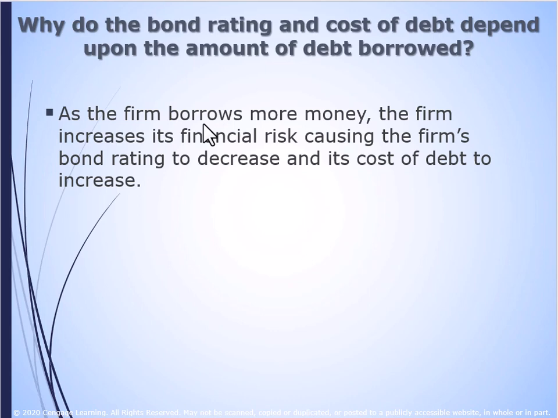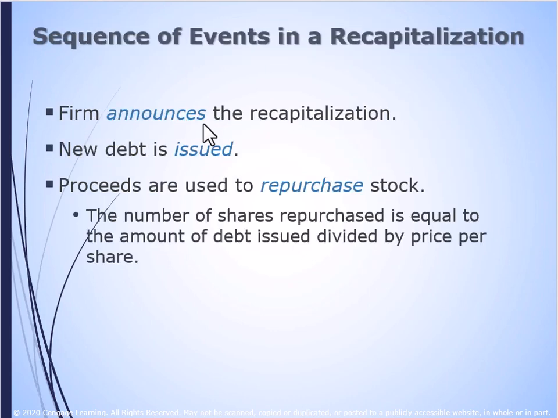That financial risk is incorporated into the analysis of the company, and the bond rating is going to decrease as the riskiness of the company rises, as that implies the potential chance that they won't be able to make interest payments, and therefore that they might default on the debt.